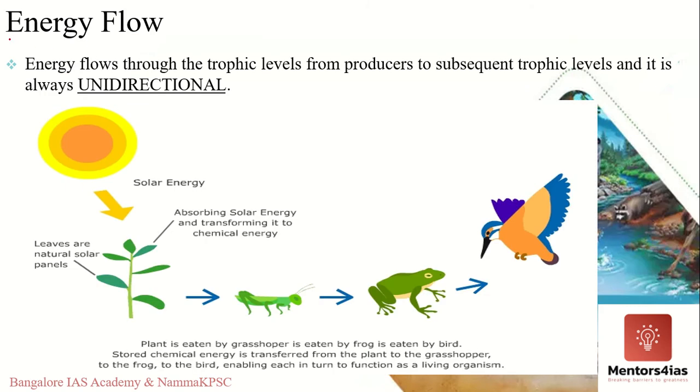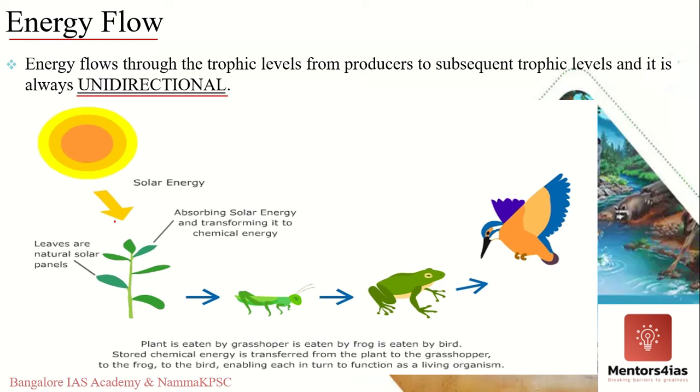Now, when discussing energy flow within an ecosystem, I always want you to remember that the energy flow in the ecosystem is always unidirectional, meaning the energy will always flow in a single direction. Whenever you take any ecosystem, generally the energy will come from the sun. In this video, you can see the energy is received from the sun.